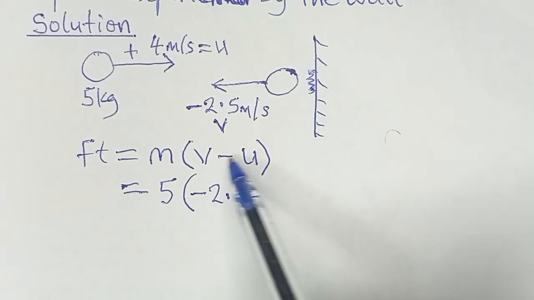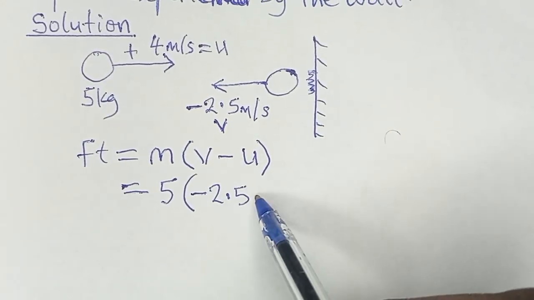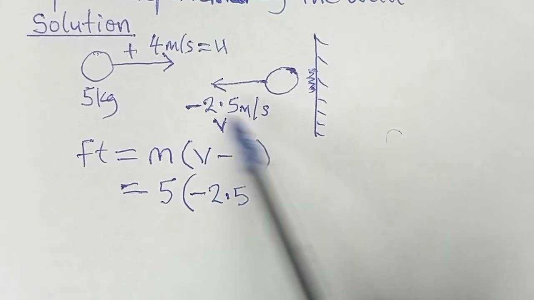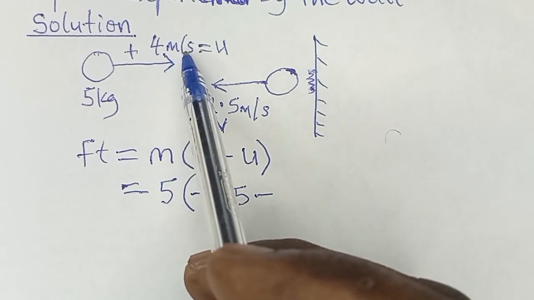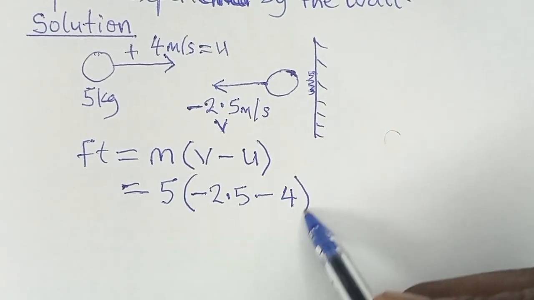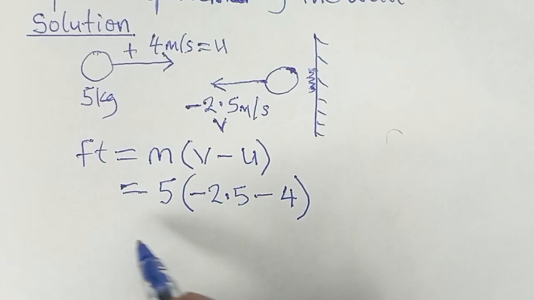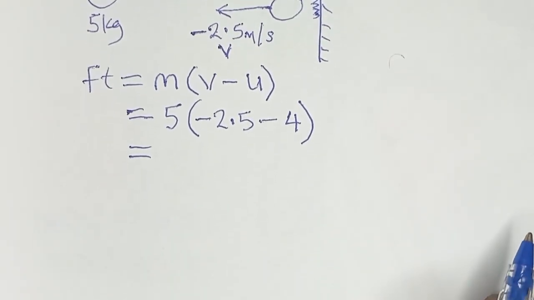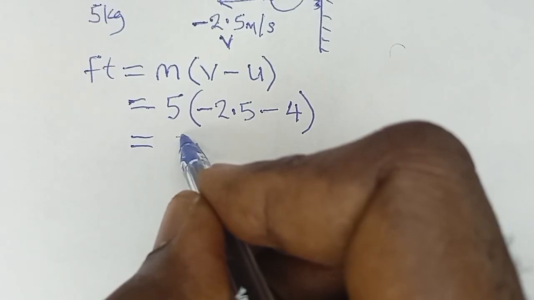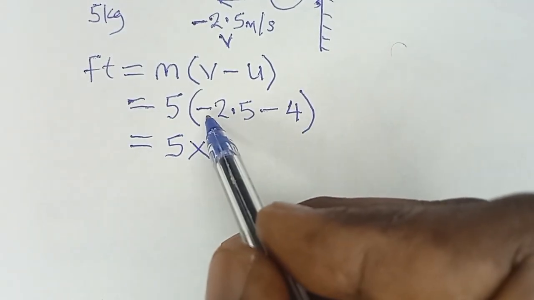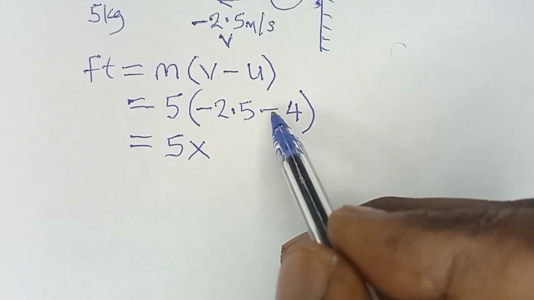And then the minus in this formula, then the value of u, which is 4 meters per second, a positive value, 4. And then I close the bracket. That will be equal to 5, the mass, multiplied by what I have in this bracket, which is negative 2.5 minus 4.